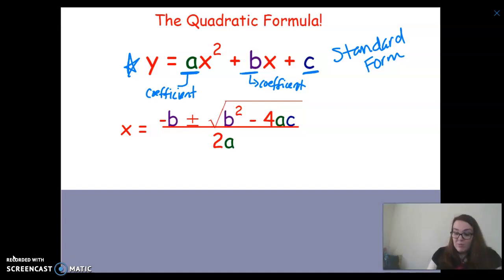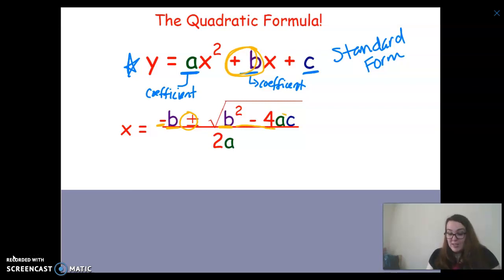Now, in the quadratic formula, you're going to notice that each of these pieces lines up. x equals the opposite of b, so I'm going to take that b value from here, plus or minus, because that's going to give me my two answers. Then it's a big square root, and everything after this is under the square root: b squared, which again comes from the b up here. Now this minus 4 is just part of the formula.